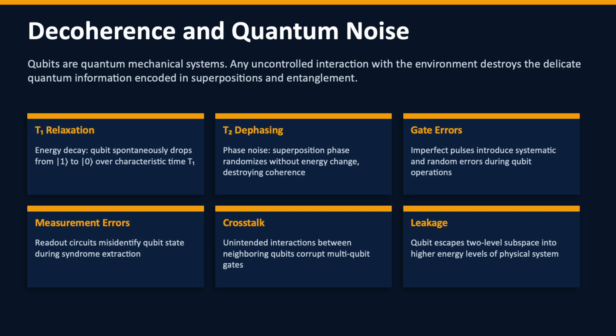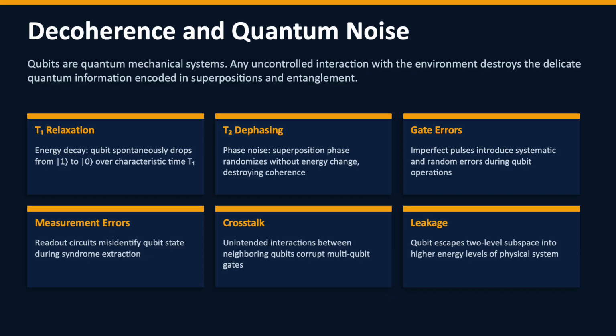T1 relaxation: energy decay, the qubit spontaneously drops. T2 dephasing: phase noise, the superposition phase randomizes without energy change, destroying coherence. Gate errors: imperfect pulses introduce systematic and random errors during qubit operations.